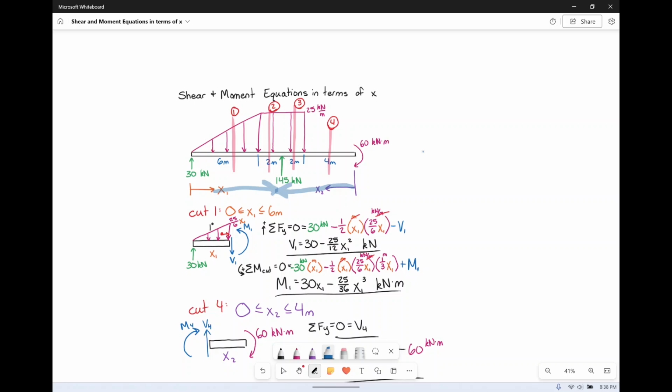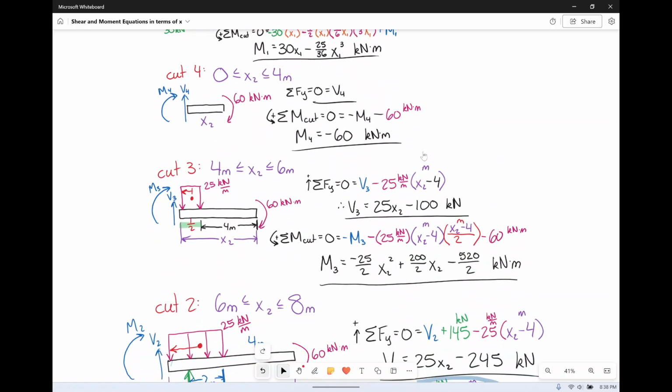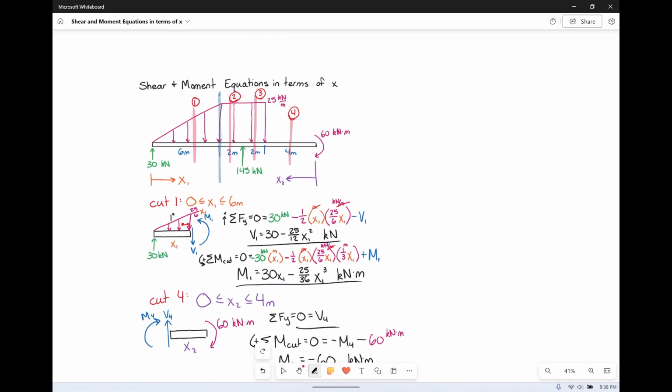If they're not the same, we done messed up. So let's find out: how far did we go with x1? We went to 6 meters. How far did we go with x2? We went to 8 meters, which is again at the same spot. So you can see we have an equation written for the same spot, but we have 2 effectively different equations.